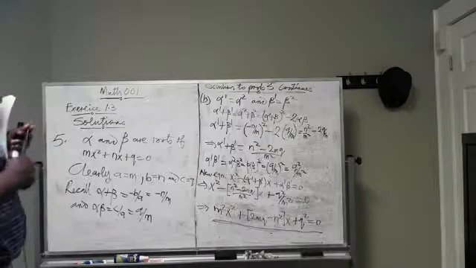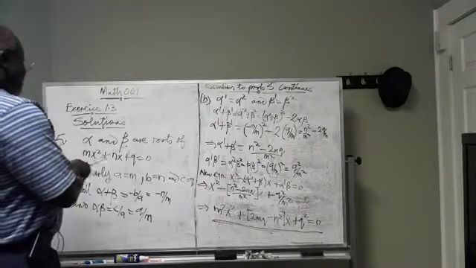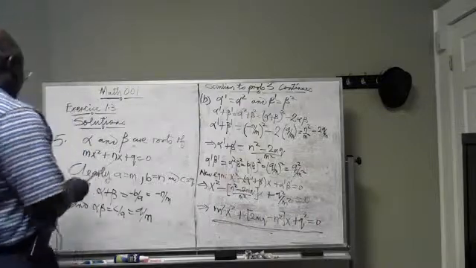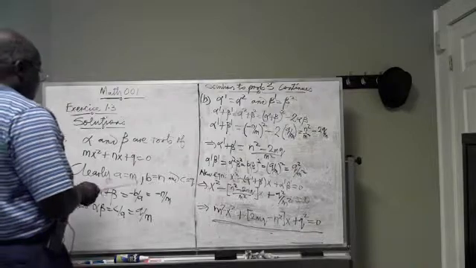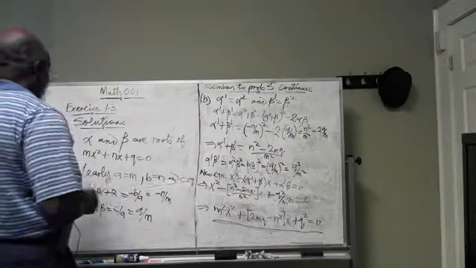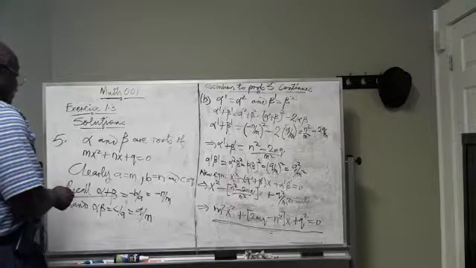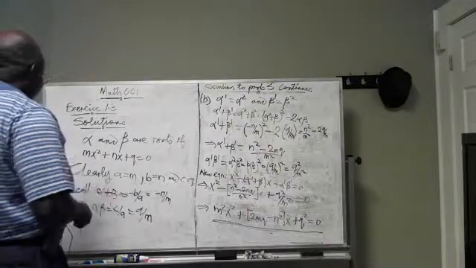So what we'll do here is, alpha and beta are roots of the equation mx squared plus nx plus q equals 0. Clearly, a equals m, b equals n, and c equals q. Recall, alpha plus beta equals minus b over a, which is equal to minus n over m.